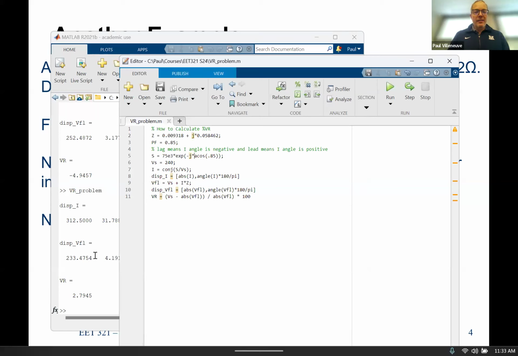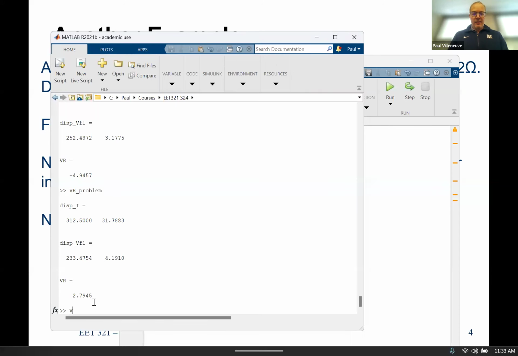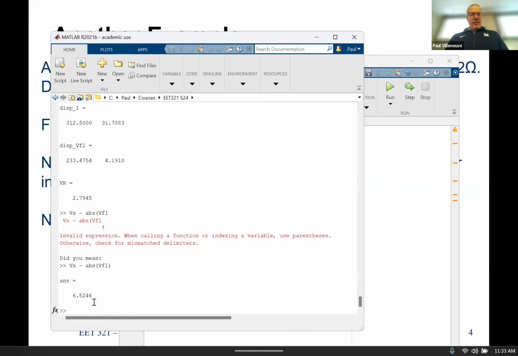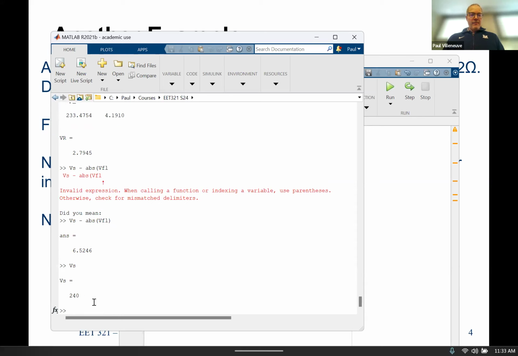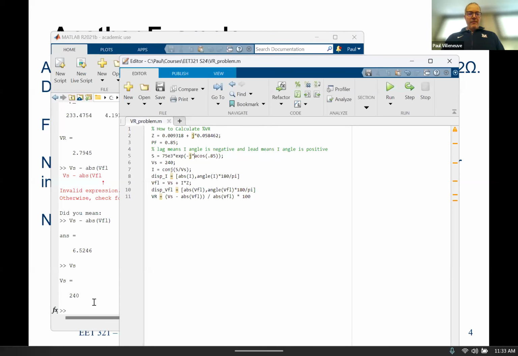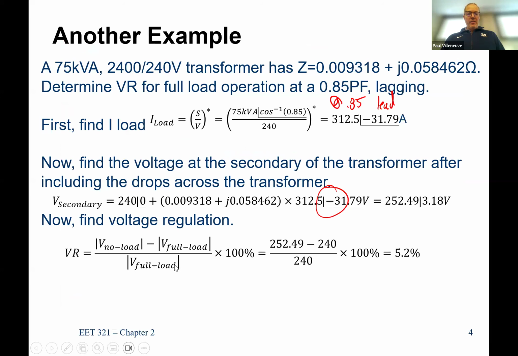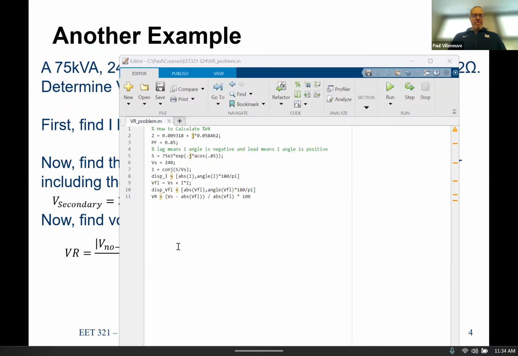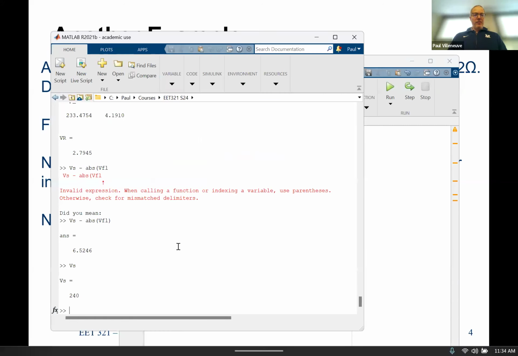240 minus this. Let's see. V no load minus V full load. So 240 minus here. That should be greater than voltage.